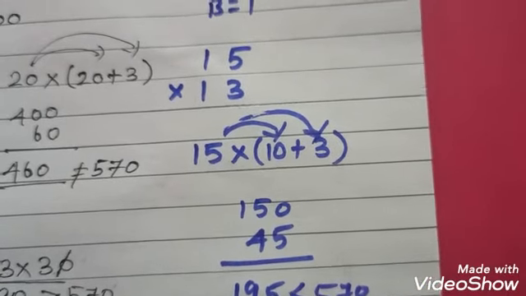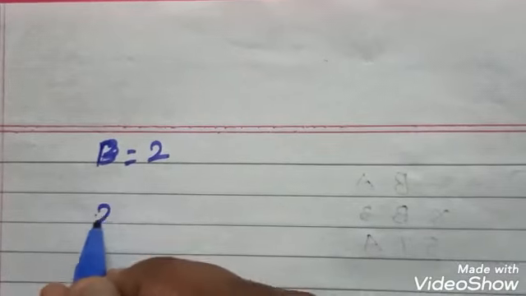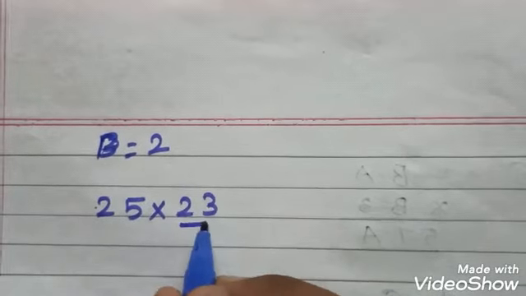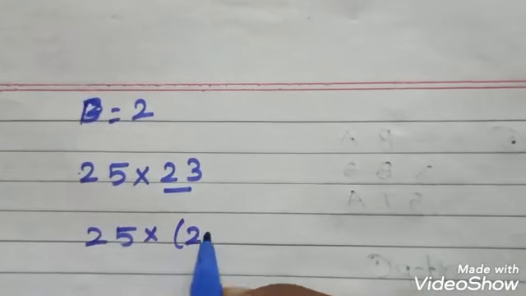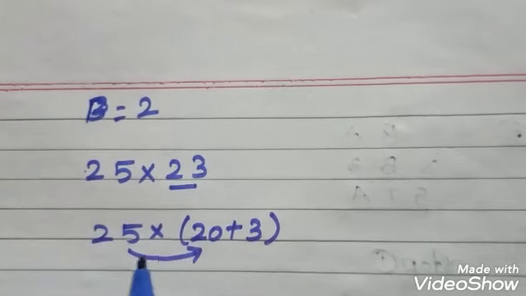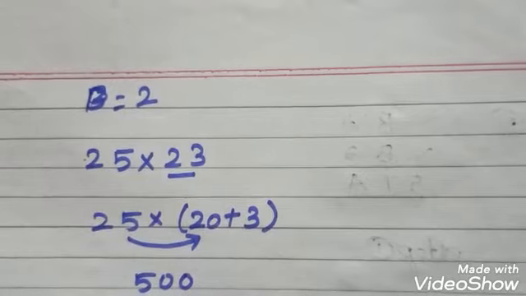Next we move on to the trial with the 2. If we take B equal to 2, the value should be 25 into 23. This 23 can be written as 25 into 20 plus 3. So 25 into 20, you get 25 into 2, 50. The shortcut: you put the 0 here, you get 500.